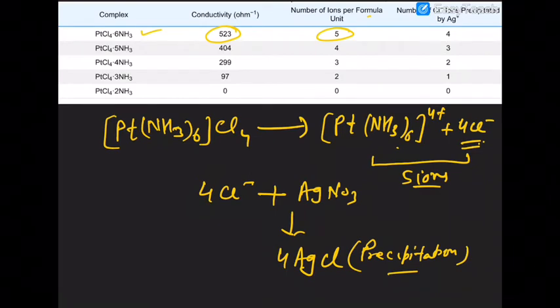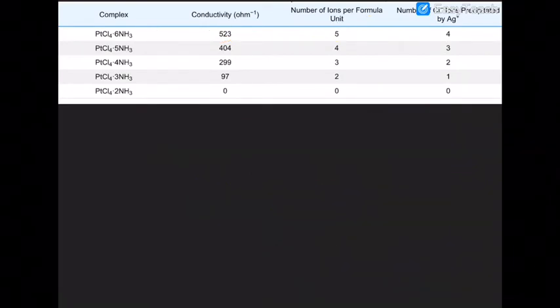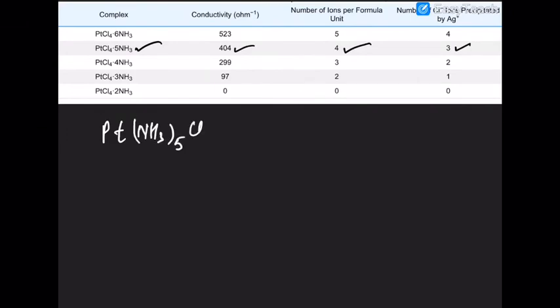Now look at the second complex. Its conductivity value is 404. Only 4 ions are present here, and only 3 chloride ions. Now how will you show that? It is platinum, ammonia 5 Cl.